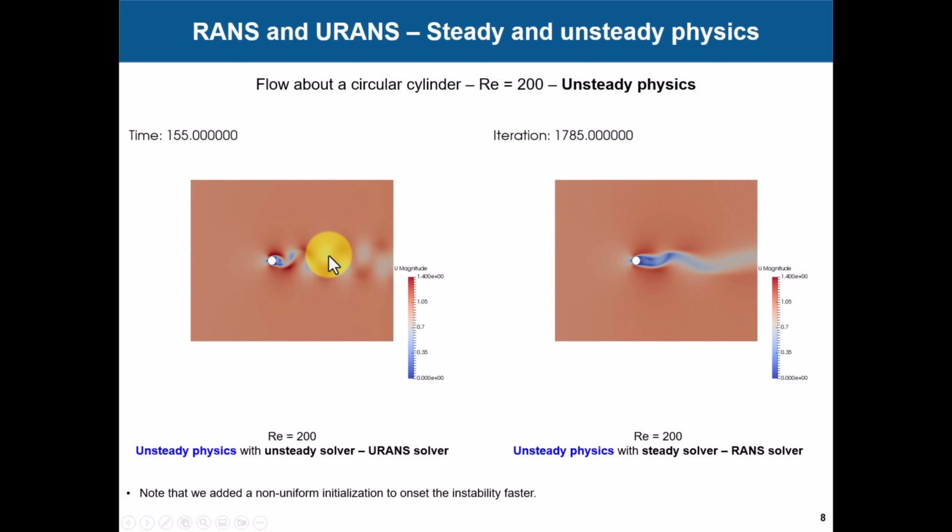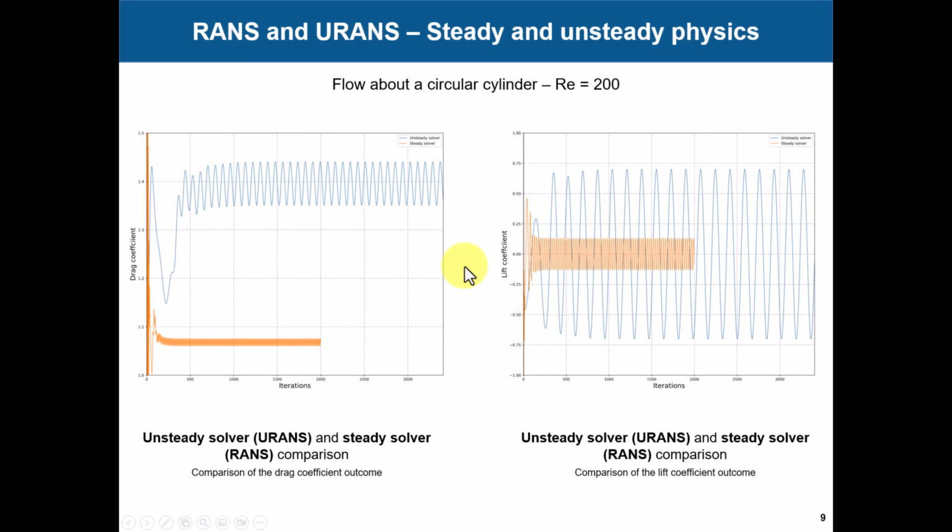So here, besides these colors, we have an integral quantity. We measure the drag and lift coefficients, and look at the difference. The unsteady is pretty much accurate in time, okay? You can see that it pinpoints that frequency, fantastic. But when you look at the steady solver, it highly underpredicts. It's going to give you a value, but it's underpredicting this. In this case, this is not very accurate, but it's giving you a color.